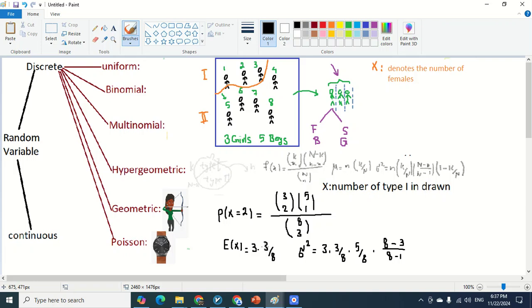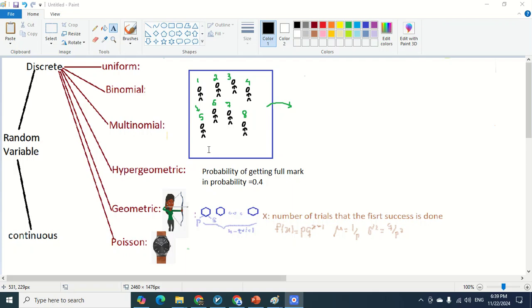So let us prepare the question for the geometric and Poisson distribution as well. Again, we have a similar classroom with 8 students, and we add one more piece of information to that question: the probability of getting a full mark in the probability course is 0.4, meaning that for each student that value is constant and invariant from one student to another.